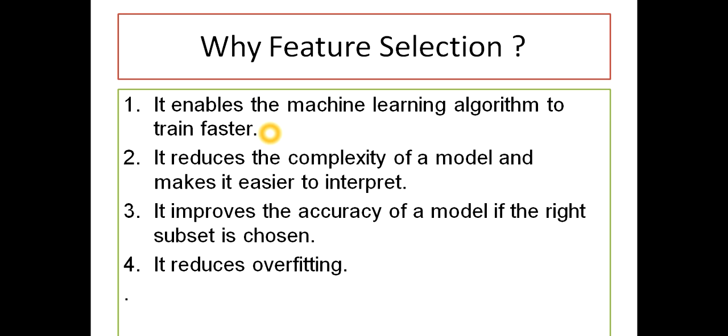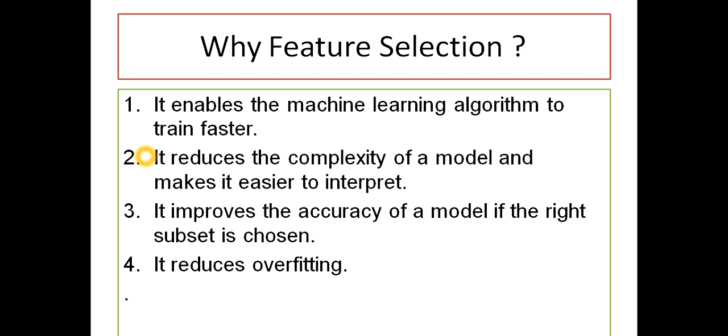So the first reason to conduct feature selection is that it enables the machine learning algorithm to train faster. If we feed less data, meaning only the relevant data, then the complexity will be less. So it reduces the complexity of a model and makes it easier to interpret. This is the second reason.